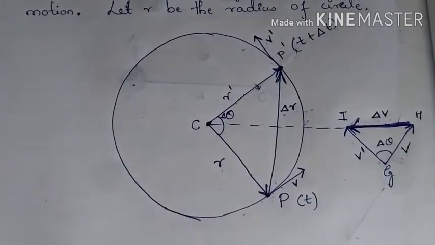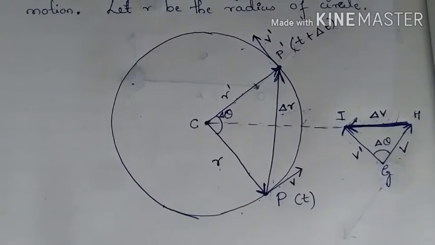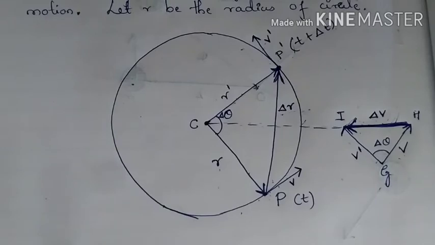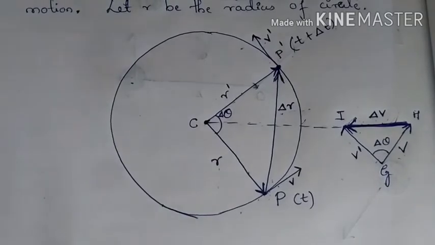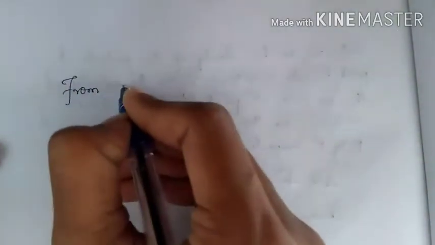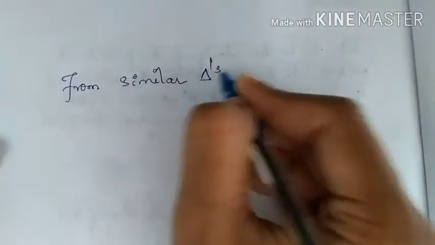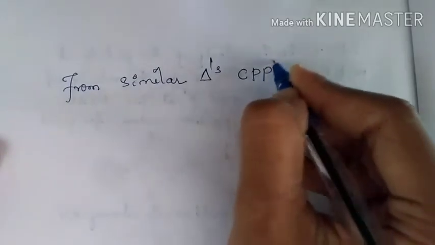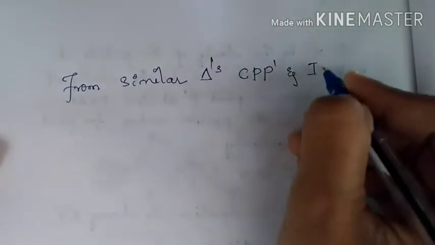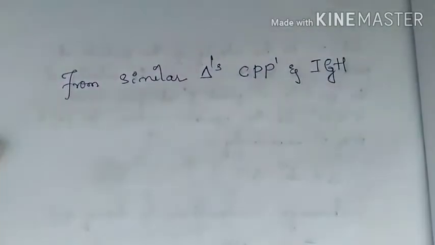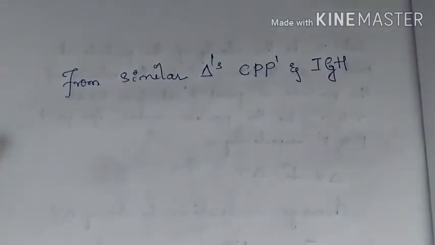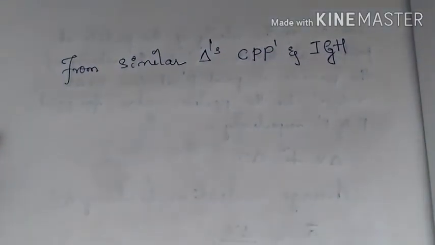So from similar triangles we can find what is centripetal acceleration. So for similar triangles, base length to side length ratio will be the same. So let us write that. From similar triangles CPP prime and IGH, the ratio of base length to the side length will be equal.